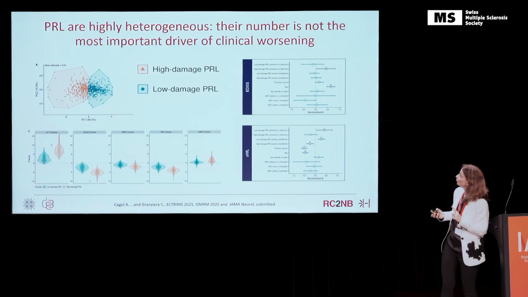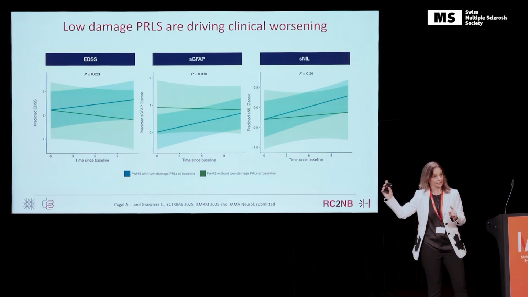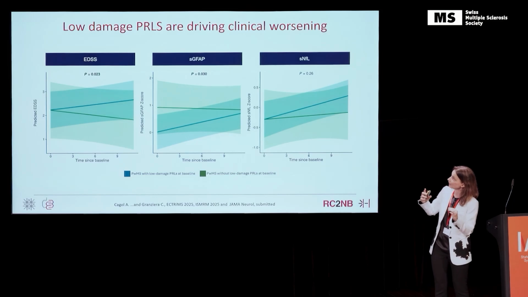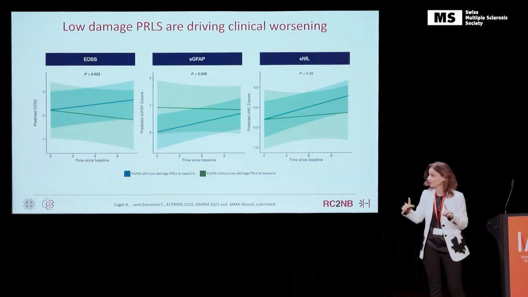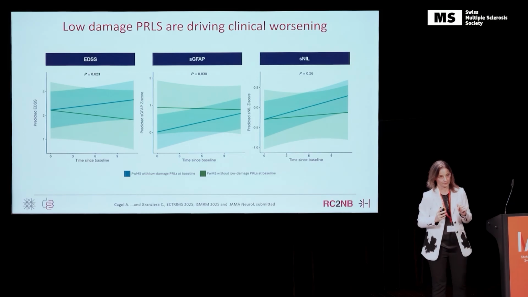And further, even more interesting is when you look at the follow-up. This is, again, Swiss MS cohort. We have this long follow-up. So the presence of this low damage PRL is correlated to EDSS increase, so clinical worsening over time, increase of GFAP and increase of sNfL over time.